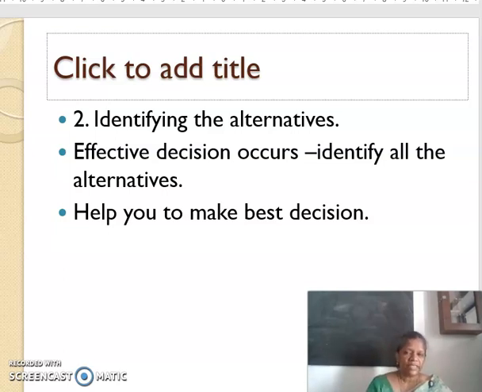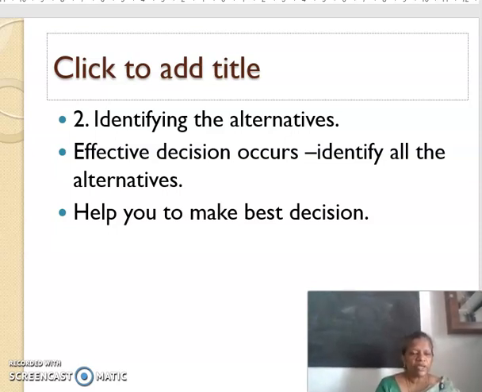Identifying the alternatives. Once you recognize the problem you face, you have to seek the alternatives, or identify the alternatives. Effective decision making occurs only when you identify all the alternatives.